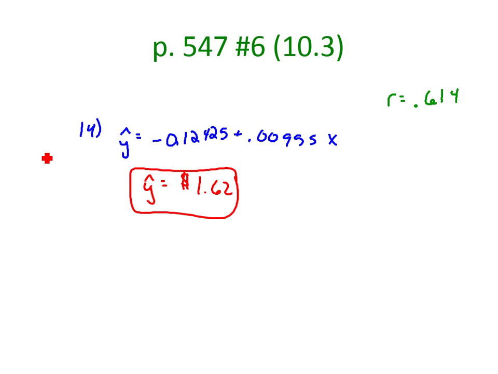Now, I want the one variable statistics of the y's, which I put in the second list. So you have to do second and list 2. Otherwise, if you just do one variable statistics, it's going to find the mean of the x's, not the mean of the y's. So what would be my best predictor?